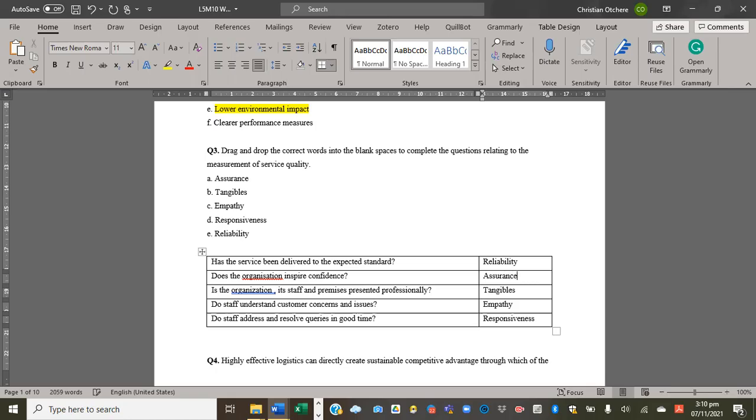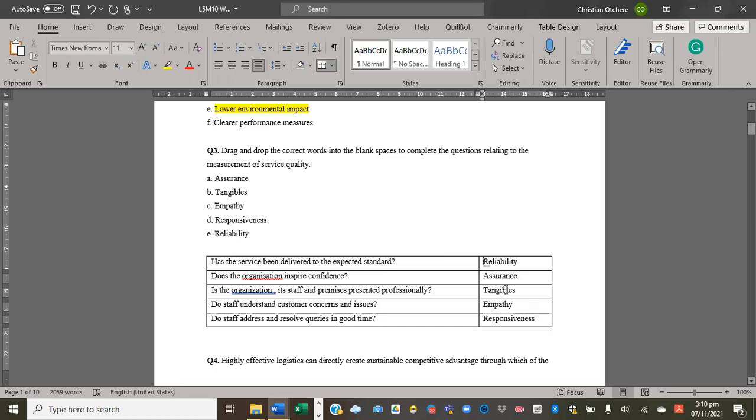So you see, you are right. That's the RATER model. You see the arrangement, reliability, assurance, but they can mix it up. Has the service been delivered to the expected standard? That's reliability. Does the organization inspire confidence?